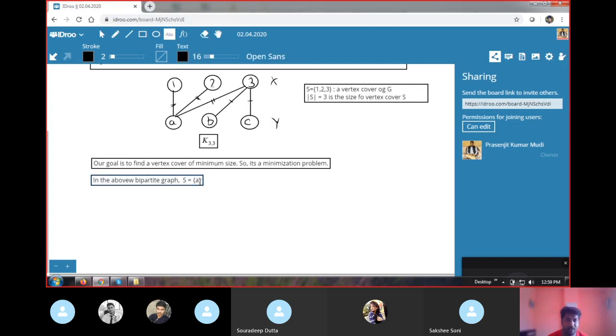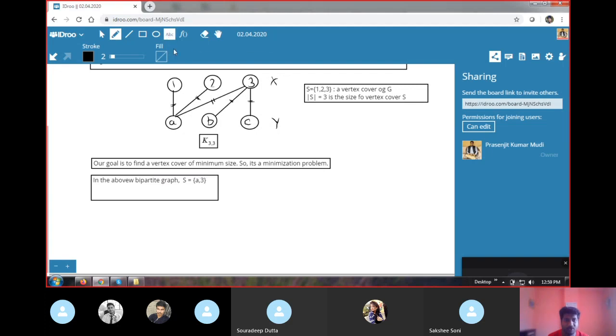Similarly, now consider the vertex 3. If you include vertex 3, this edge and this edge will be covered. That means all the edges are being covered. At least one endpoint of all the edges is here, A and 3.